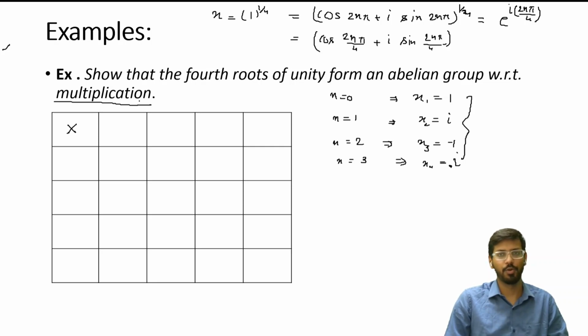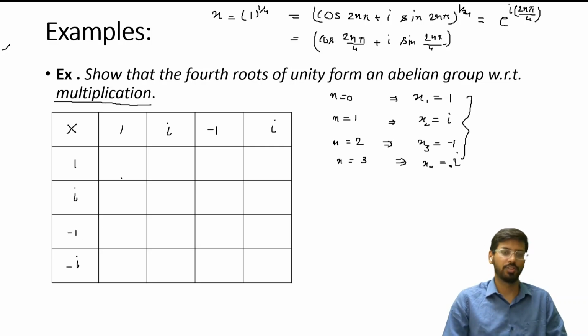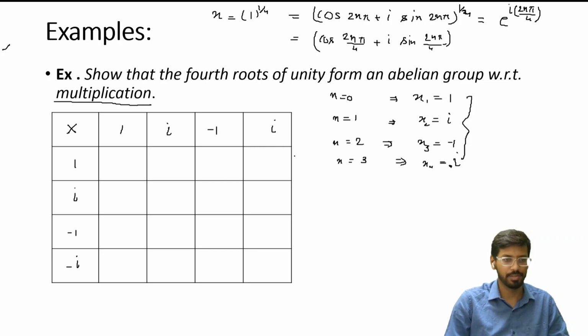We have to prove that this set is an abelian group. So we will write all four roots of unity: 1, iota, -1, minus iota, in the first row and the first column. Now we will operate on each element of the row and column, in simple matrix form.